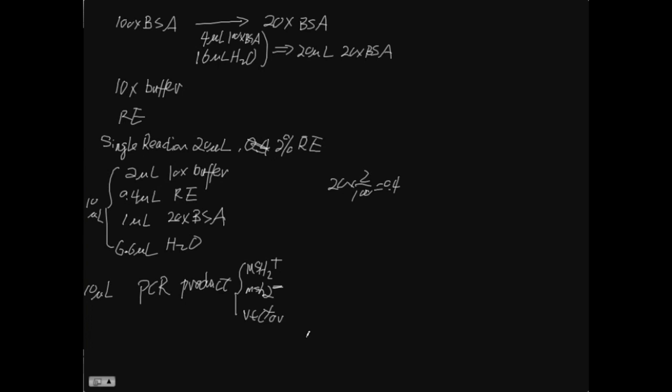This is only because each one we want to take 0.4 microliter restriction enzyme, and 5 reactions means 2 microliter restriction enzyme, and 2 microliter is easier to pipette.